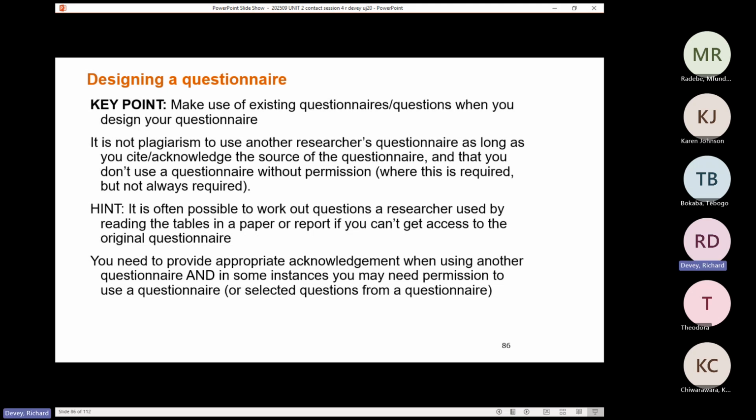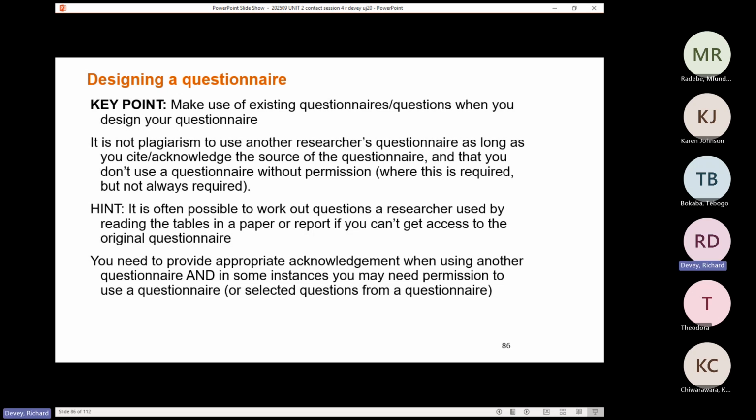I think because of plagiarism being a factor in students' work and research, there's sometimes a misconception that using somebody else's design or questionnaire would be considered plagiarism, but that's not the case, because we actually do want to replicate research, to be able to show that we can get the same result as somebody else, or maybe we want to show we can get a different result from somebody else. So there's nothing wrong with looking at somebody's design and saying, I'd like to use that, as long as you acknowledge where your design comes from.